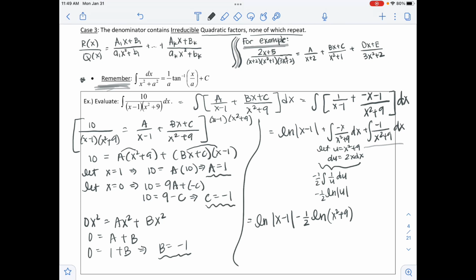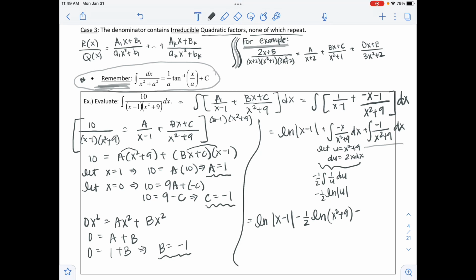And then the last one that we have is going to be negative, since I do have that negative 1 out in front. And it's 1 over x squared plus 9, which again, looking up above, I'll circle it up here. One of those ones that we need to know. It's very helpful. If you don't know it, it's going to really hurt you in the next exam.